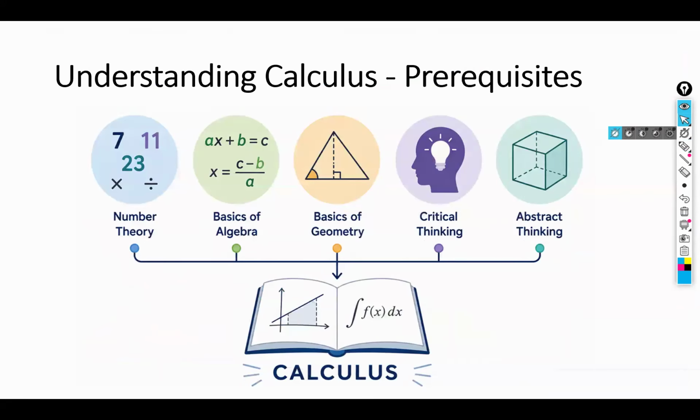In order to understand calculus, as I told you, first of all you need to understand numbers. You must be experts by now because you are doing computing. Computers represent everything in numbers. So what is an integer, what is a real number, a rational number, an irrational number? At least that.